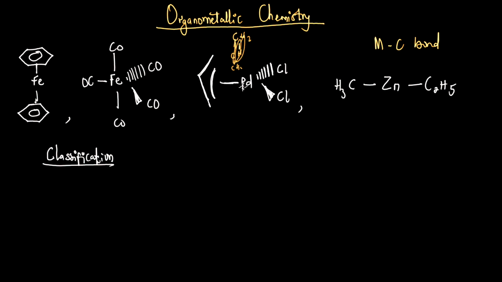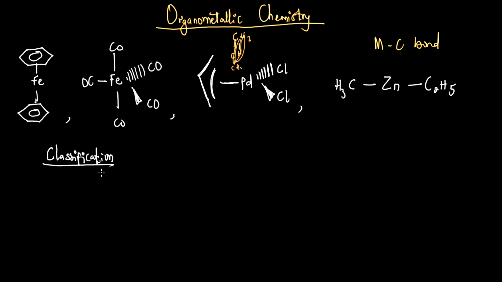The platinum, this metal here, is bonded to the carbon of this organic compound. Looking at this also, iron is bonded to the carbon of carbon monoxide, and looking at this also, the iron is bonded to carbon, 6 carbons in this case.